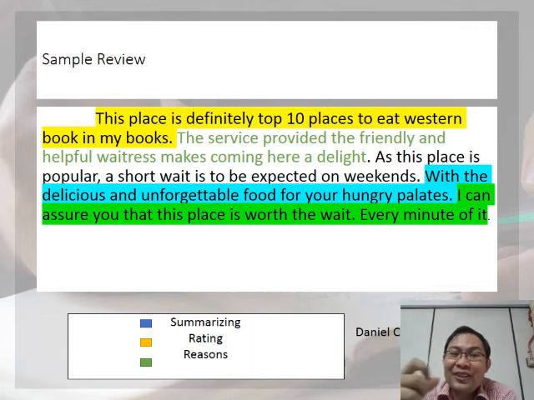So now we talk about the delicious and unforgettable food for your platelets. Then the green one, I can assure you, this place is worth the wait. The phrase worth the wait is a useful expression that can show that this place is really good, every minute of it.